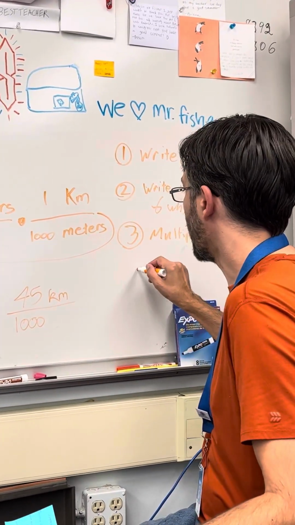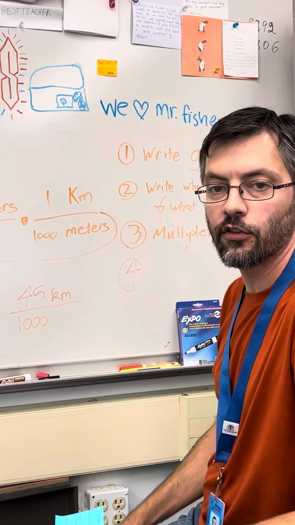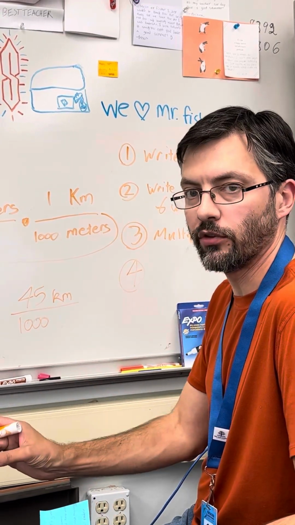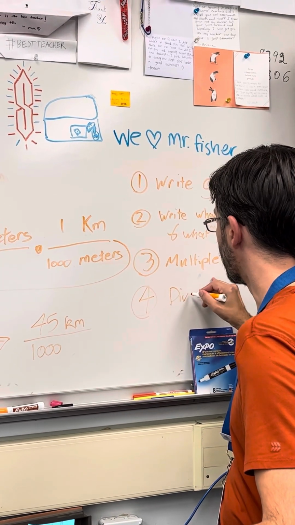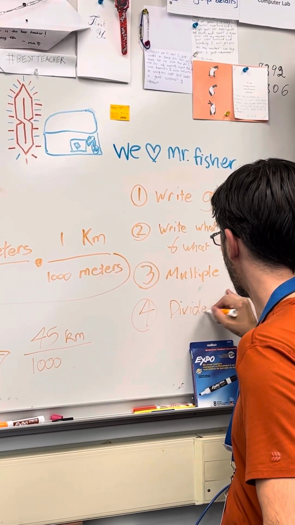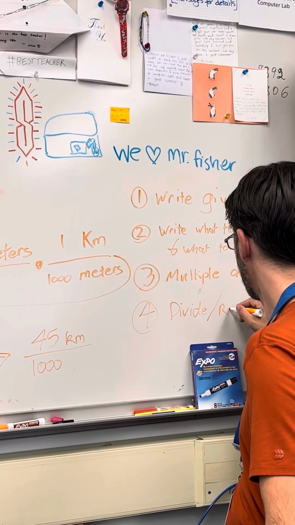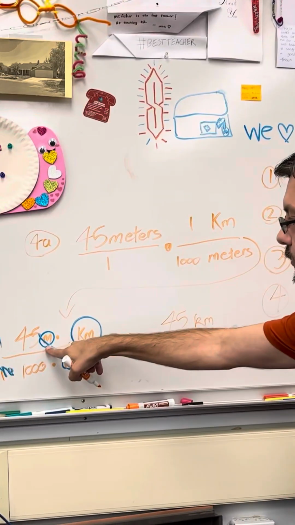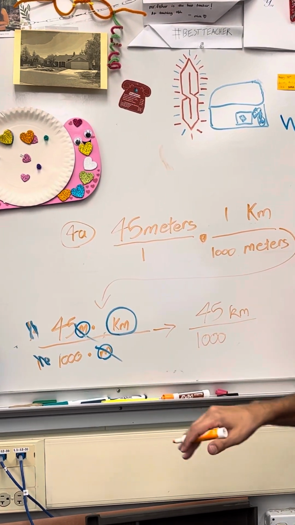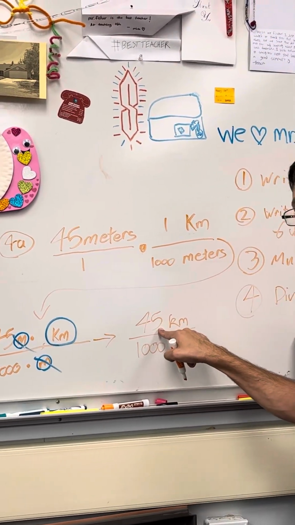Okay, so we've gotten to this fraction. There's one very last step, and that is you're going to divide or reduce. It's basically the same thing. So we're going to do the division for the numbers, and we already reduced the units. I had meters over meters, and those cancel each other out. I want to show you one trick.